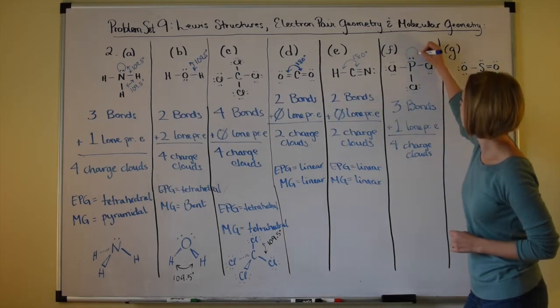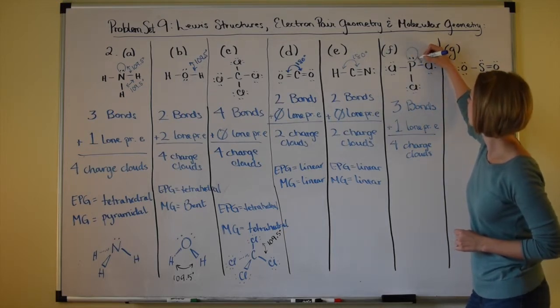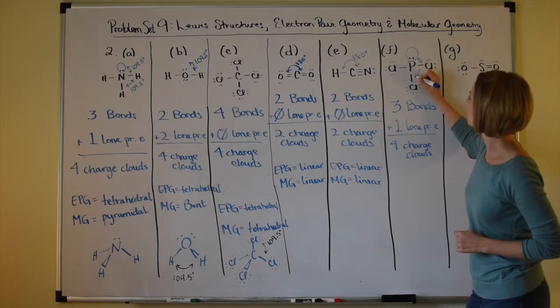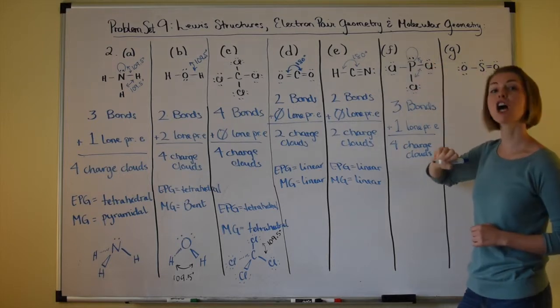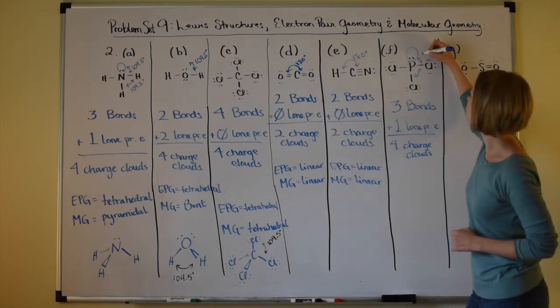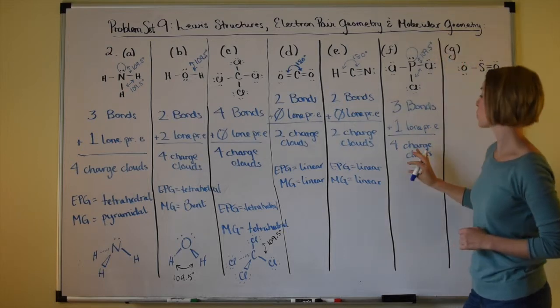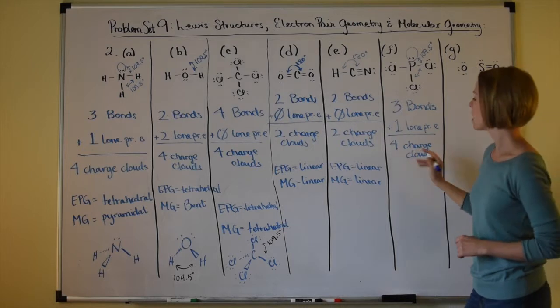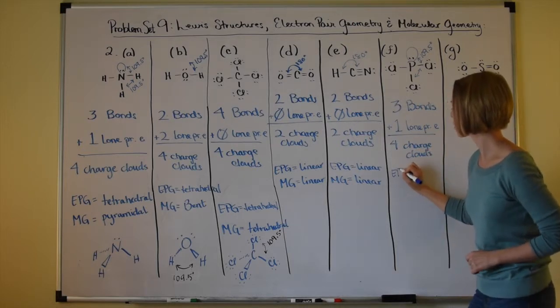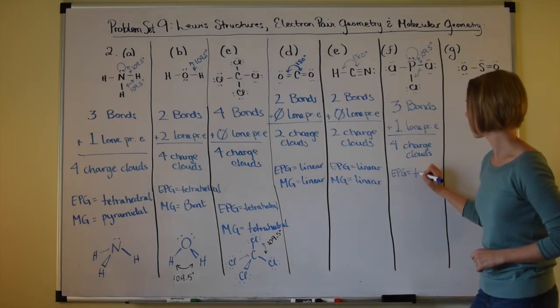Okay, so that means that the bond angles, all of these angles here between our charge clouds, are 109.5 degrees. That's always the case when you have 4 charge clouds, leading to an electron pair geometry that is tetrahedral.